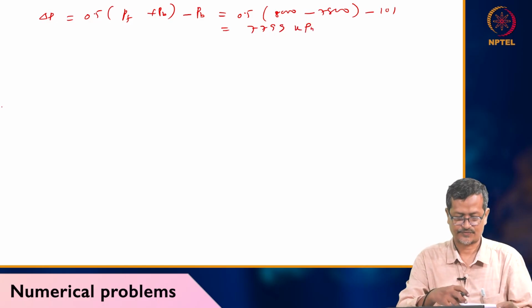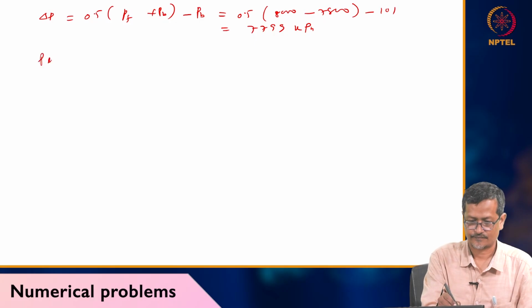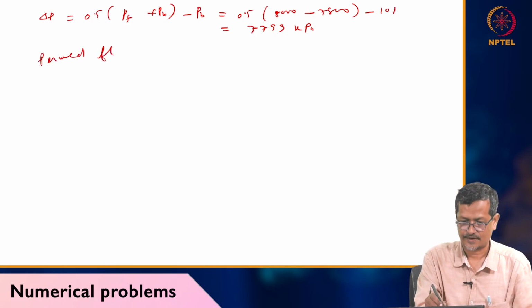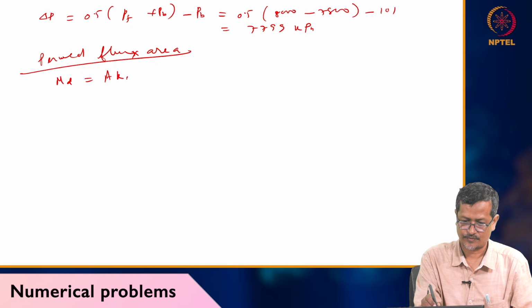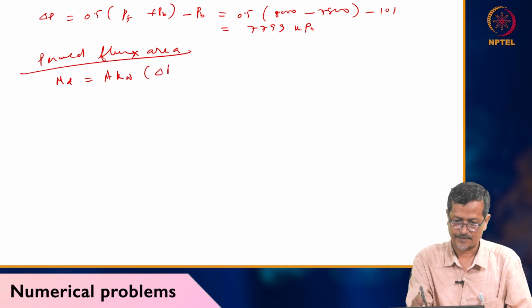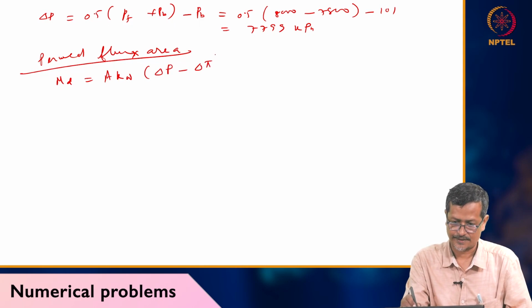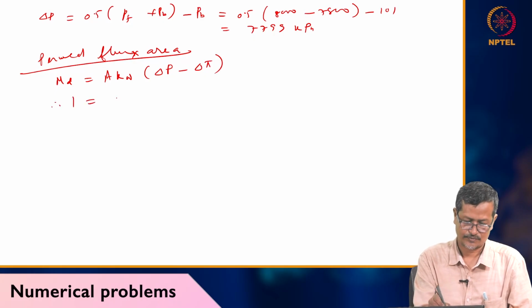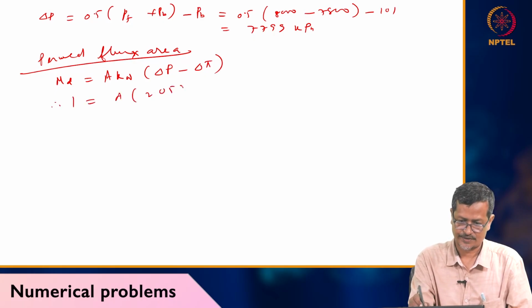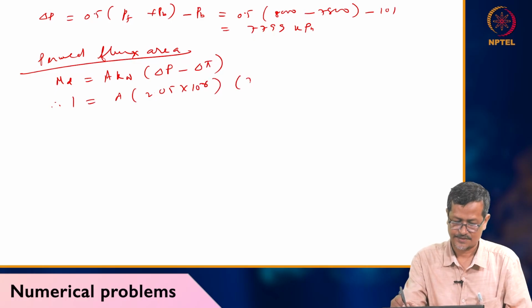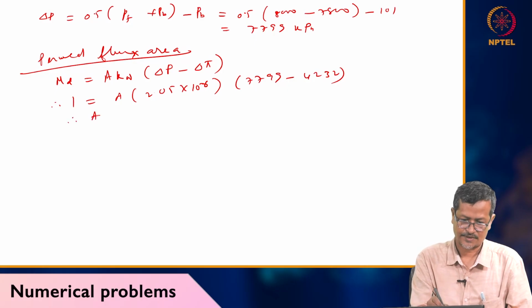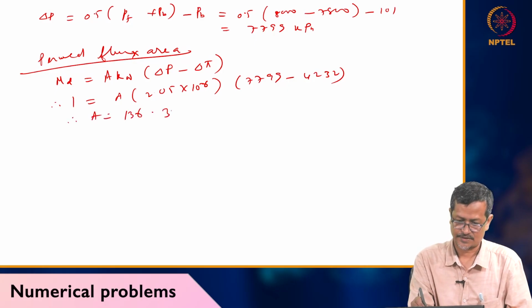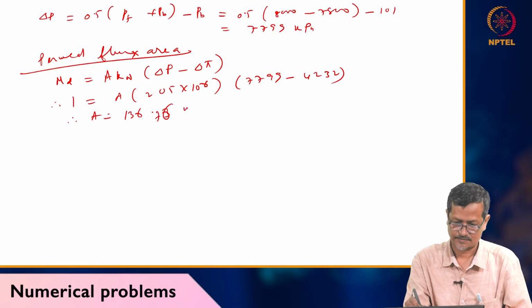So permeate flux, area: Md equals A Kw, permeability, times del P minus del pi. So 1 equals A times 2.05 10 power minus 6 times 7799 minus 4232. So this is giving A equals 136.76 meter square.